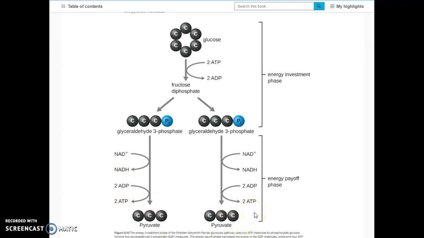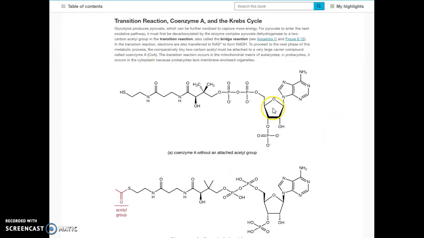But we only get a net gain of 2 ATP. We end up with 4, but we had to put in 2 to make the process begin. So our net gain is 2 ATP. So 2 NADHs, 2 pyruvates, and 2 ATP is our net gain of glycolysis.